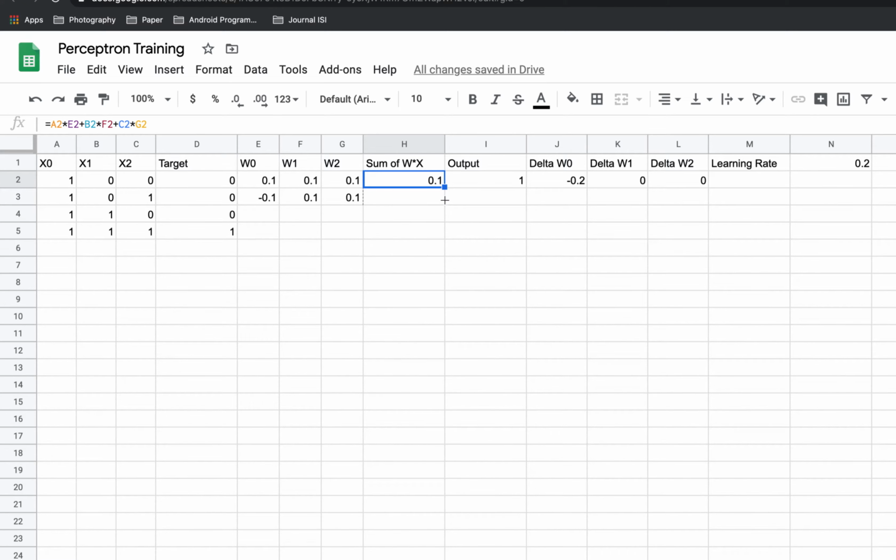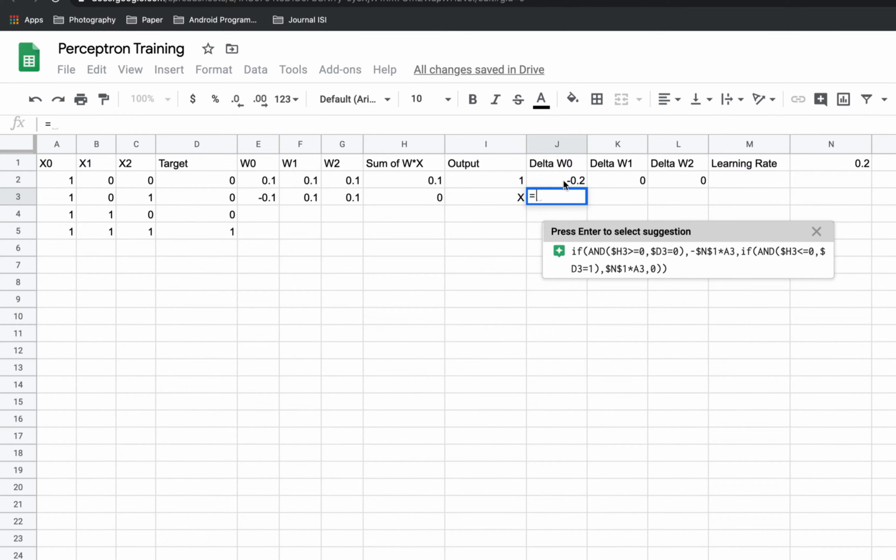Delta w1 and delta w2 will be 0. And the sum of w times x is 0 in this case, which is the output we don't want, right? So the delta is, guys, we can copy.